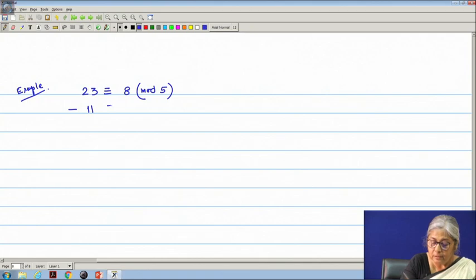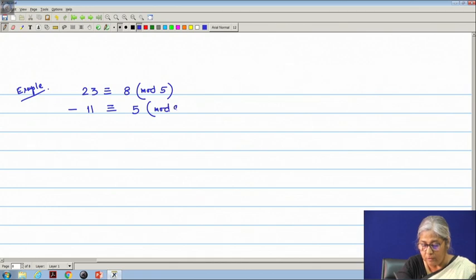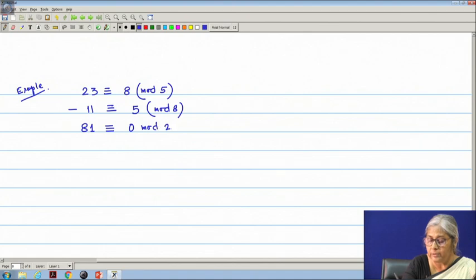Minus 11 is congruent to 5 modulo 8. Similarly, I can write 81 is congruent to 0 modulo 27.